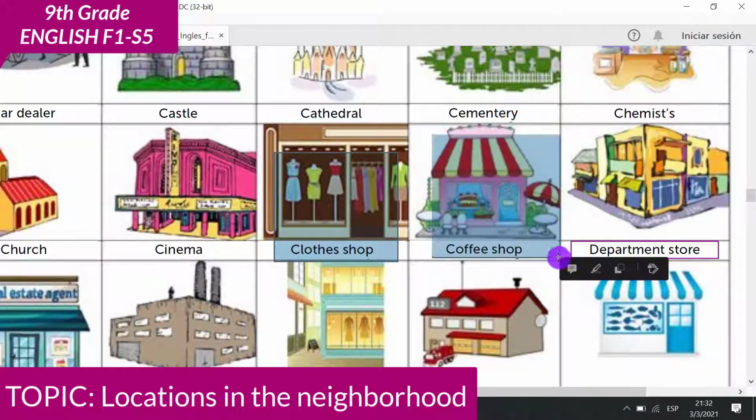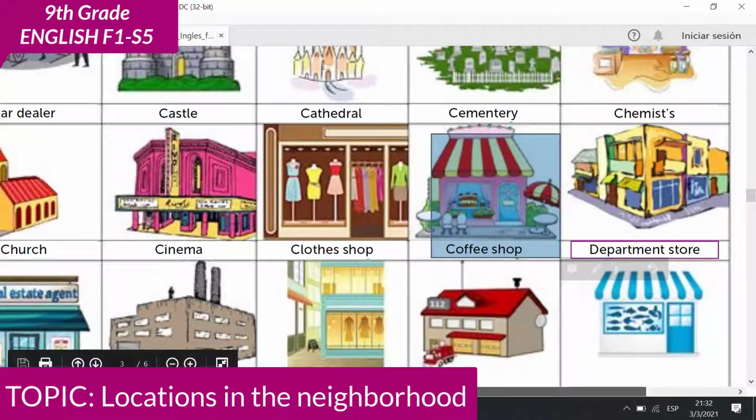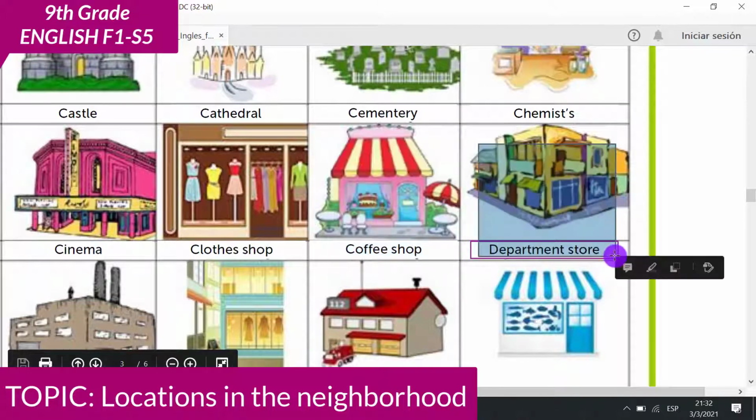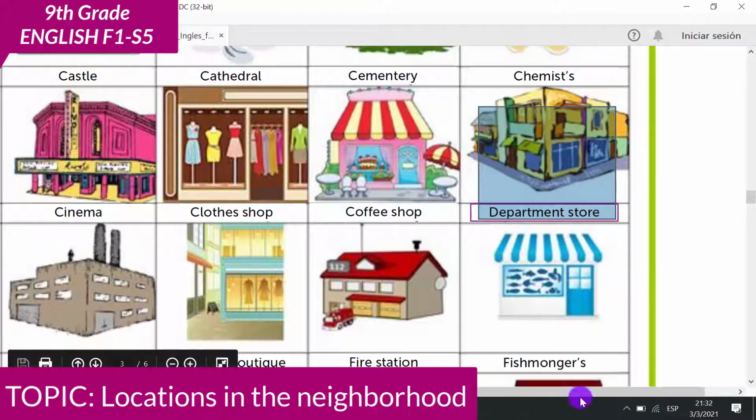Coffee shop, venta de café. Department store, tienda departamental. A department store is similar to Prado, similar to El Cristal, similar to Comercial GG.